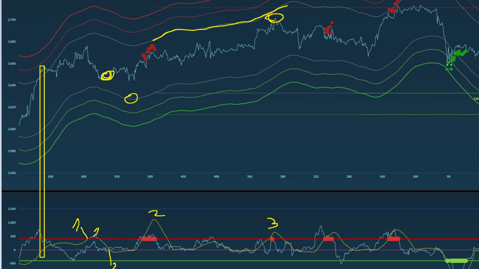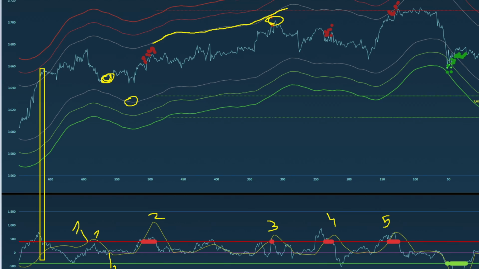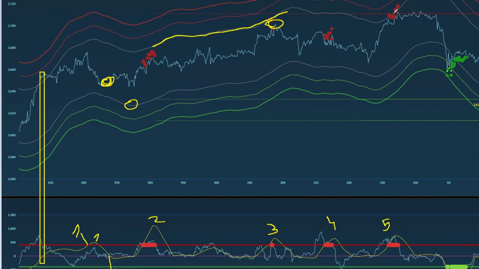And in this case it was 1, 2, 3, and then there is 4, which is a lower high, so it's kind of tricky. But here is the 5th, right? So last leg up, really hard, and then even harder decline, right? And that was plus the setup with the gray band, right?